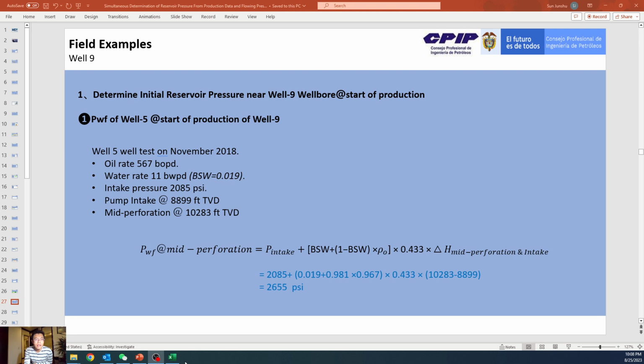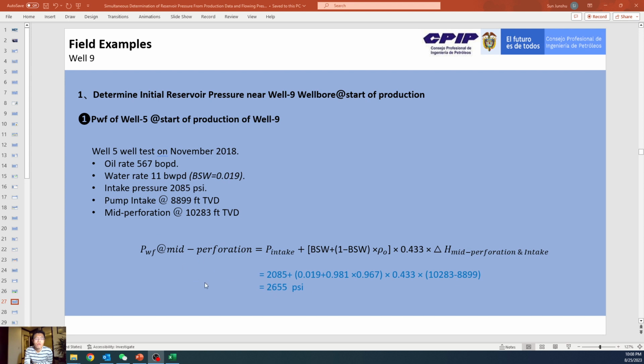So we can calculate the flowing pressure at the middle perforation by this equation, using the intake pressure and gravity between the sensor and the middle perforation. That is 2,655 psi.